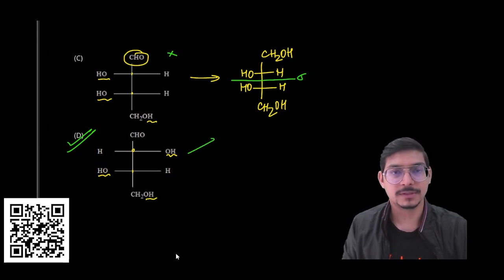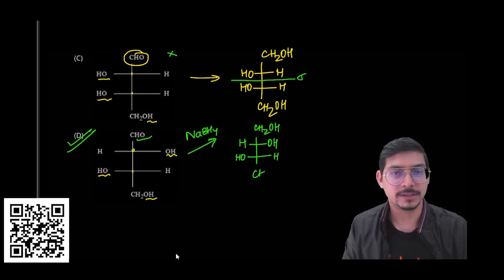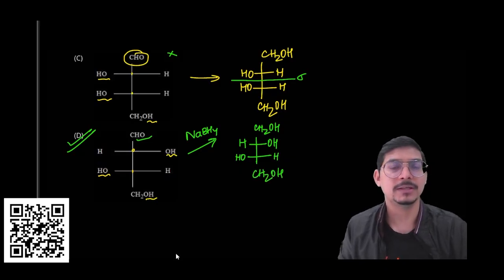When this compound is reduced with NaBH4, the CHO group is reduced to a primary alcohol. So we get something like this. We can see that this compound is asymmetric. It does not have a plane of symmetry, right? So this compound is optically active.